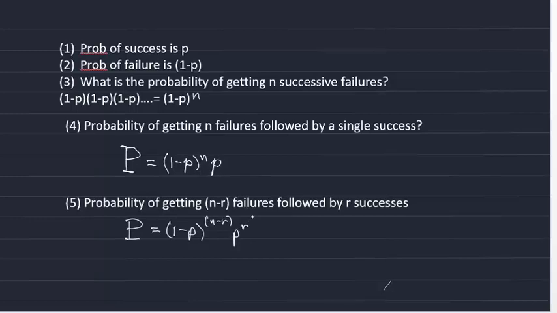Okay, and I'm noticing a mistake. In our first example, let's look at example 4.